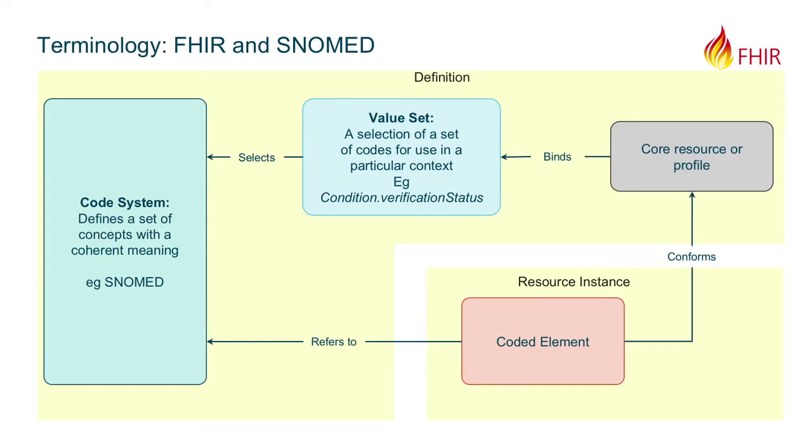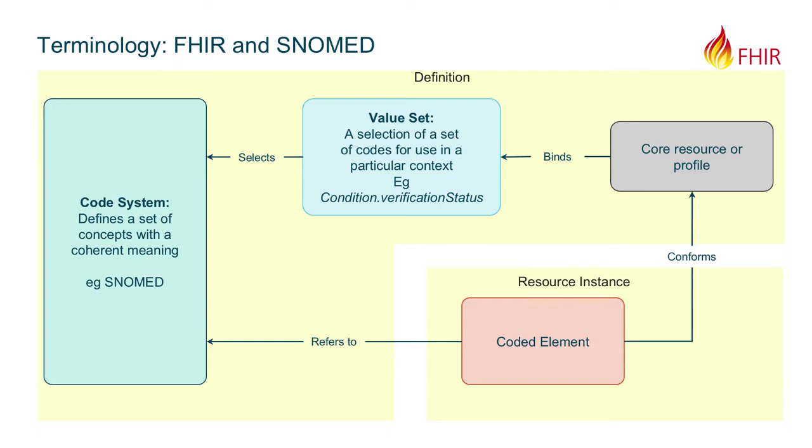Then you have this guy called a value set, another important concept. The value set is a thing which selects a subset of concepts from one or more code systems for use in a particular context. I'm going to break this down in just a second to make it more obvious.